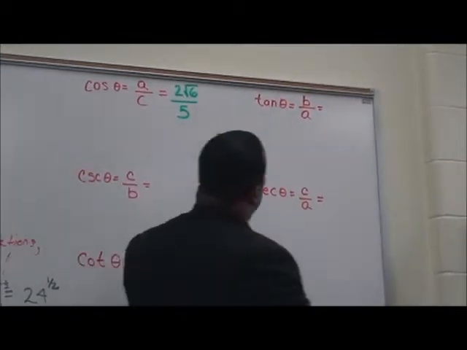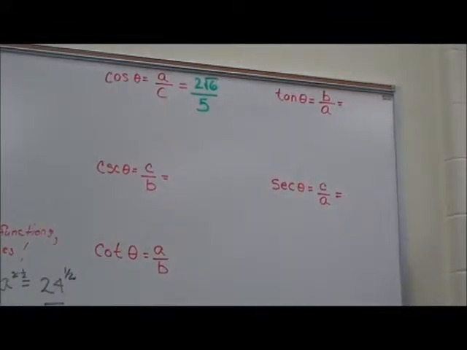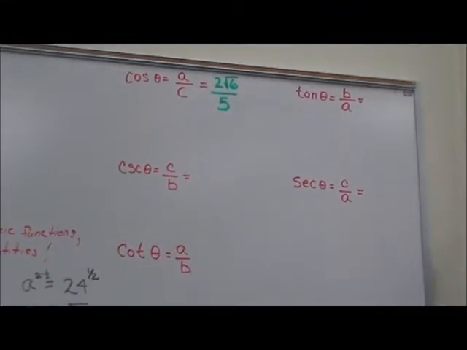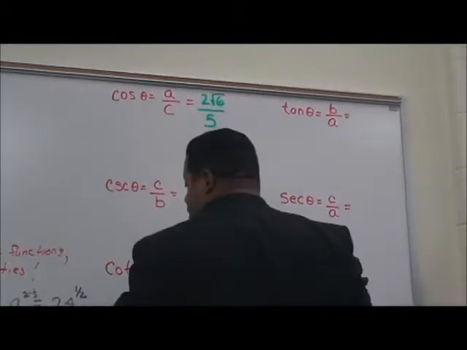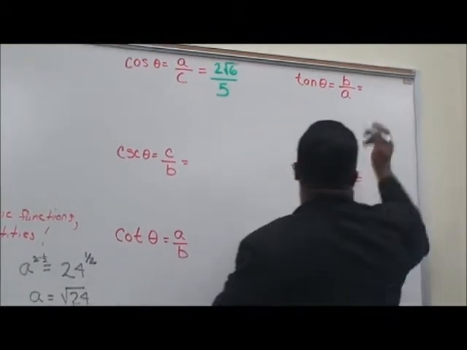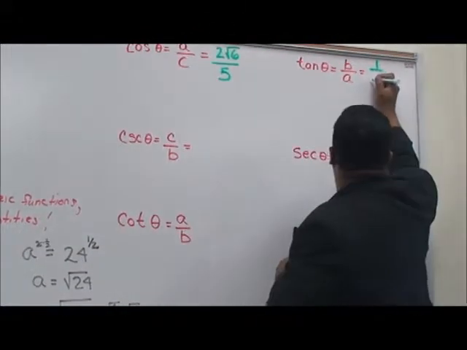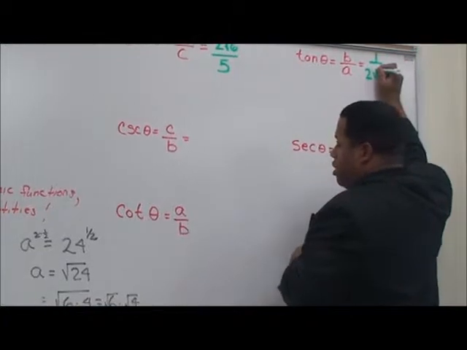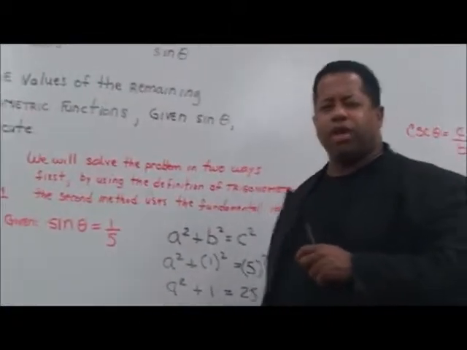Tangent theta is the opposite over the adjacent. We take the value of B, 1, over 2 times the square root of 6. Now, what problem do we have here?